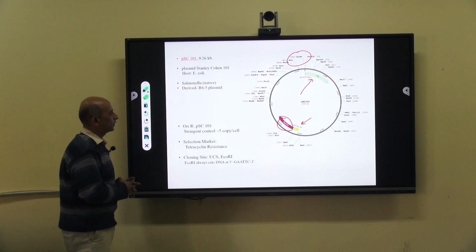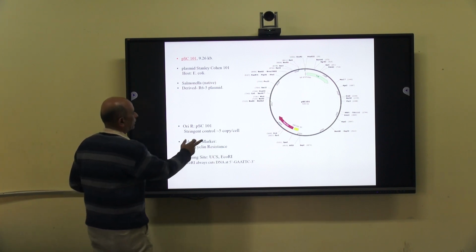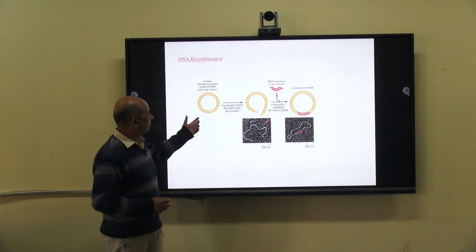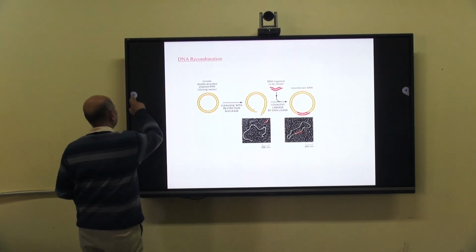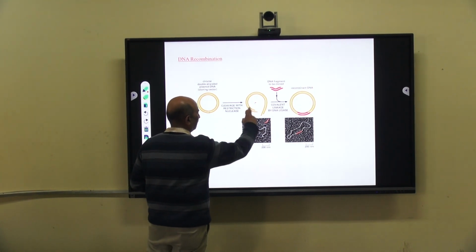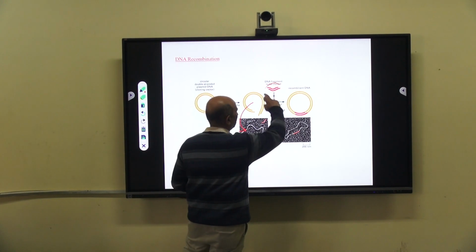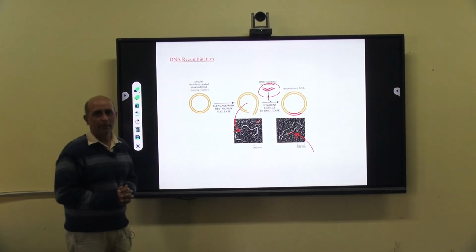So this was the first plasmid that was constructed, and these vectors can be cleaved using restriction endonucleases, and we can see the clean vector, and then foreign DNA can be cloned into this vector to create a recombinant DNA.